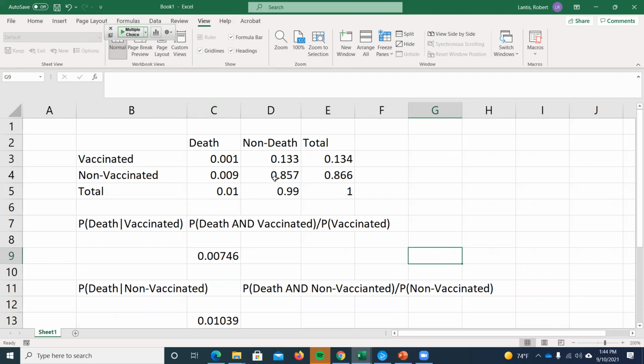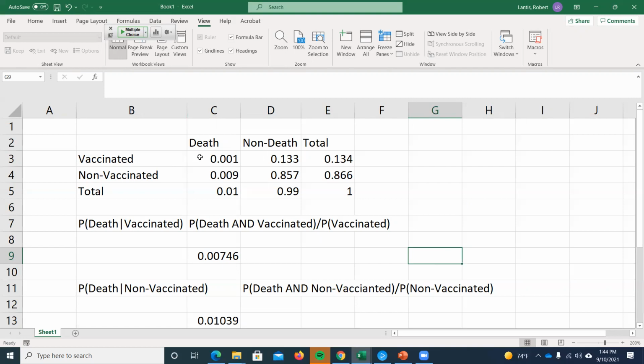You can actually use the numbers. I have the total number of people who had COVID, which was what that data set was, and then the total number of people who were vaccinated and then died. The probability that I get COVID, was vaccinated, and died would be the number of people who were vaccinated and had COVID divided by the total number of observations.